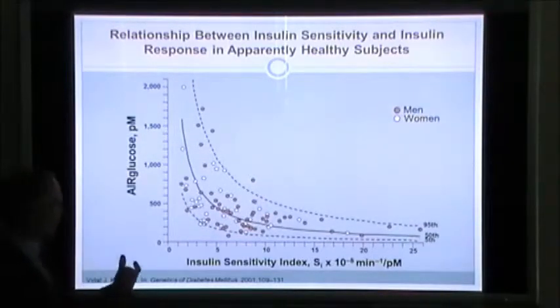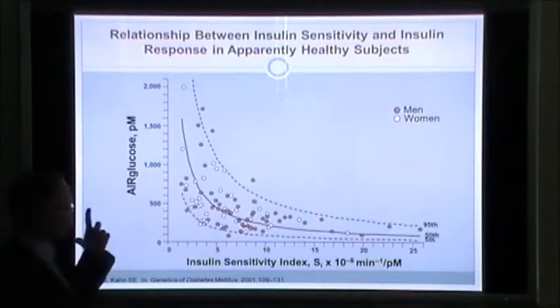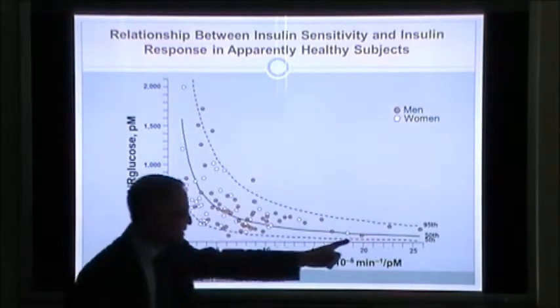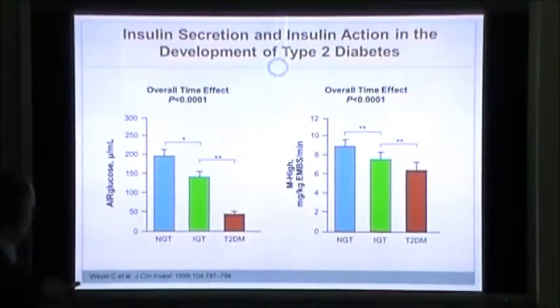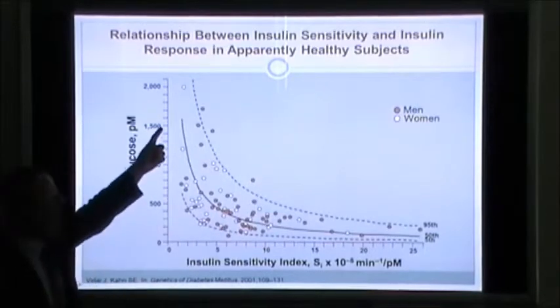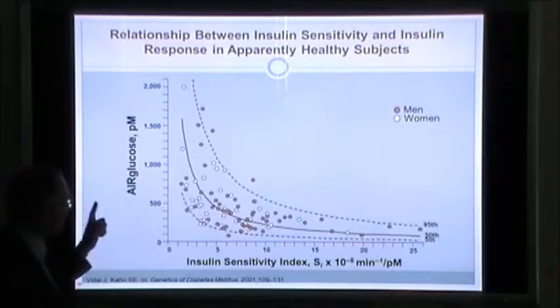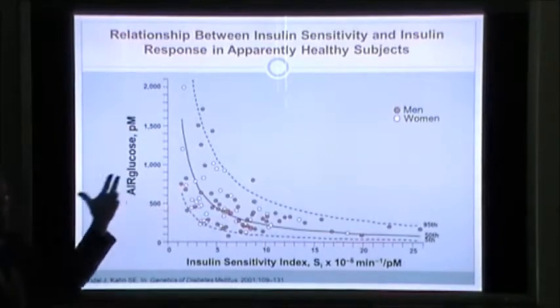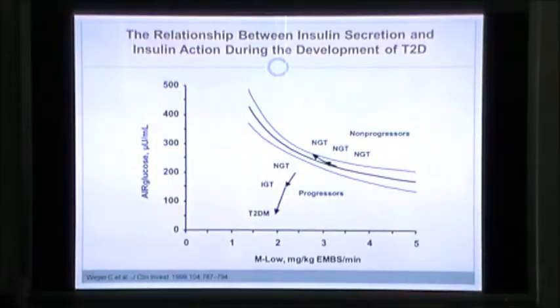People have talked already this morning about those two components, insulin resistance and insulin secretion, but in the normal situation, as insulin sensitivity falls, insulin secretion in the normal person rises. And as long as insulin secretion sufficiently compensates for that worsening of insulin sensitivity, the patient maintains glucose tolerance.